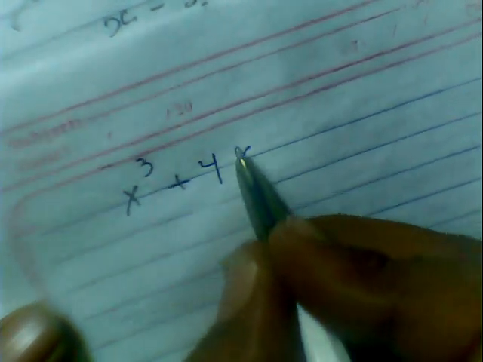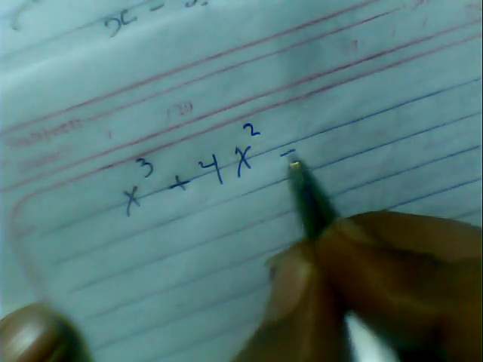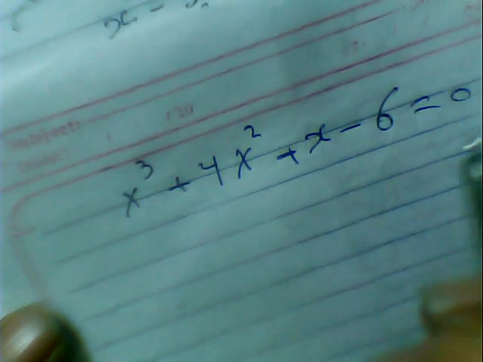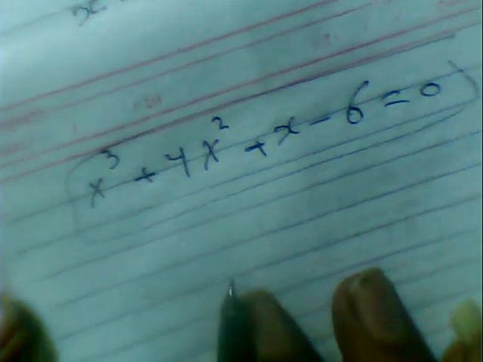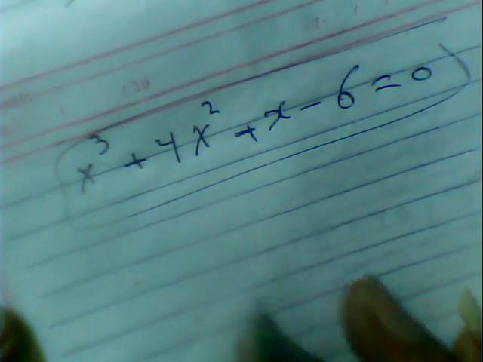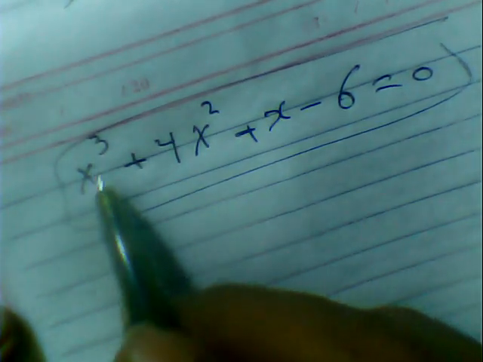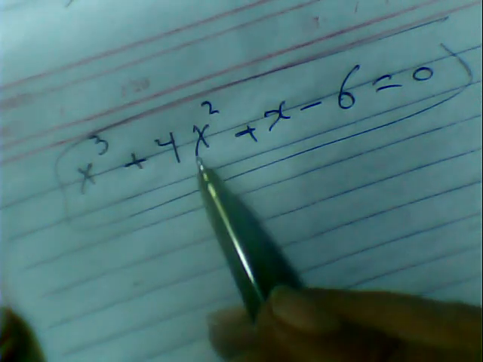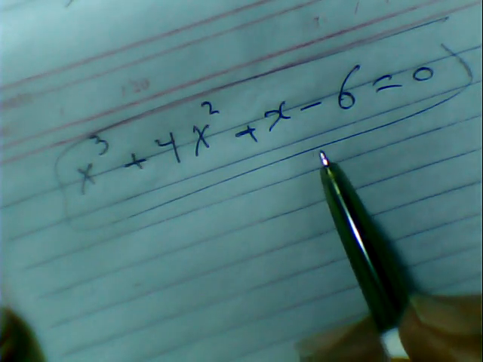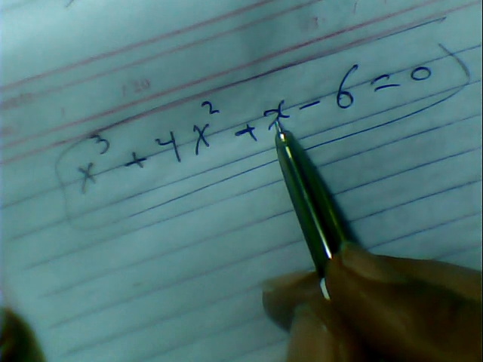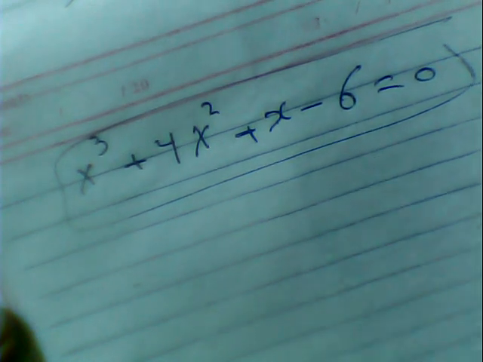x power 3 plus 4x square plus x minus 6 equals 0. How can we solve this? Then this has power 3, power 2, and power 1, minus 6.